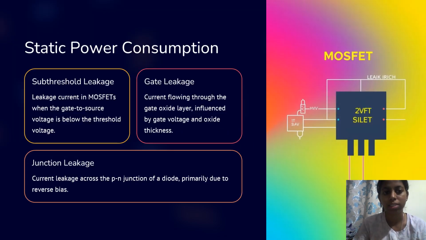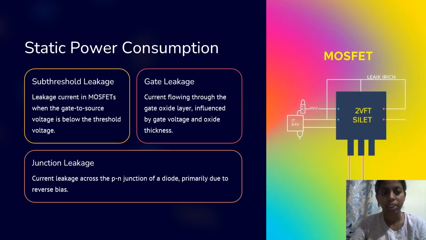Now let's see the first type of power consumption in VLSI. The first one is static power consumption. In static power consumption, there are three types of leakage: sub-threshold leakage, gate leakage, and junction leakage. Now let's see the meaning of these three one by one.